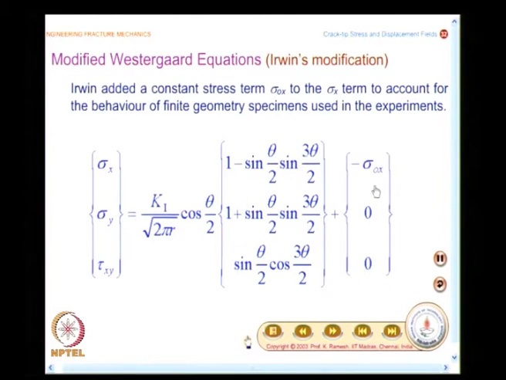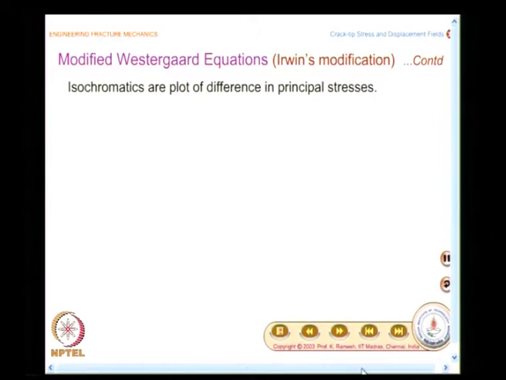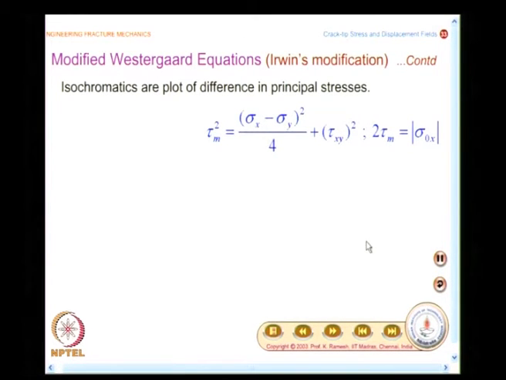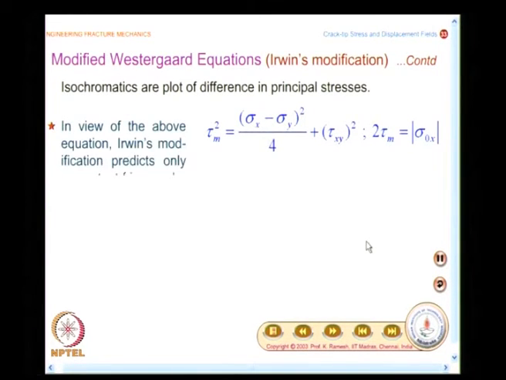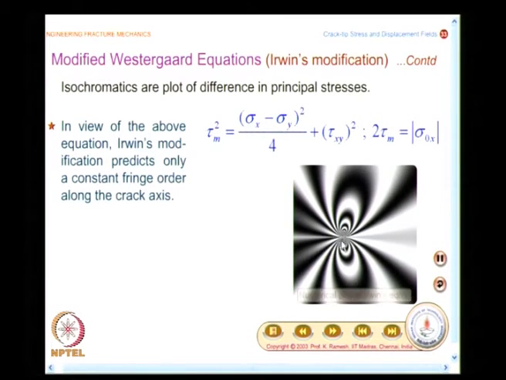How was this justified? If you plot the fringe pattern, which are nothing but contours of maximum shear stress, they appeared like this. It was a bonanza. Just by adding one single term, the fringes got tilted forward.